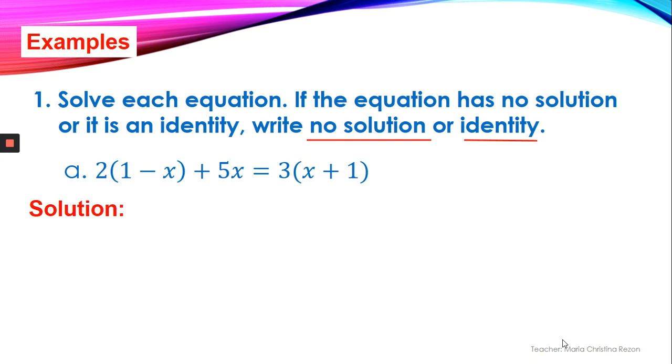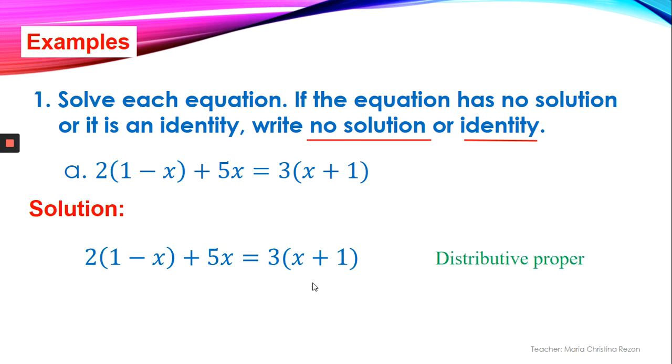So for our solution, we see there is a grouping symbol on this side, and another grouping symbol here. So we'll try to get rid of them by distributive property.